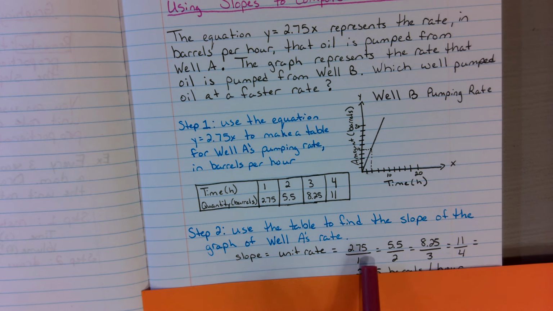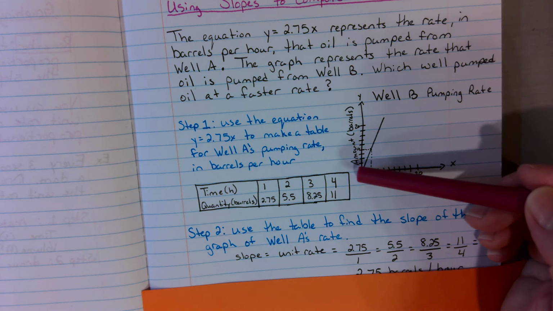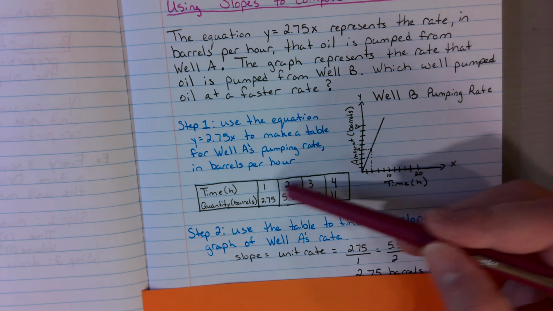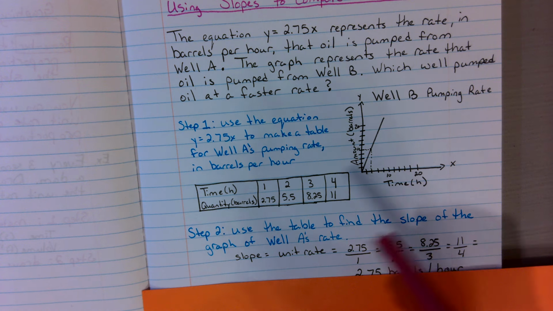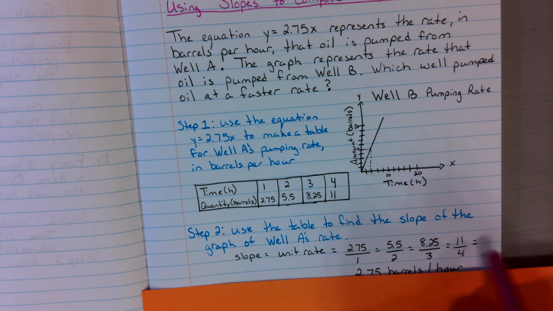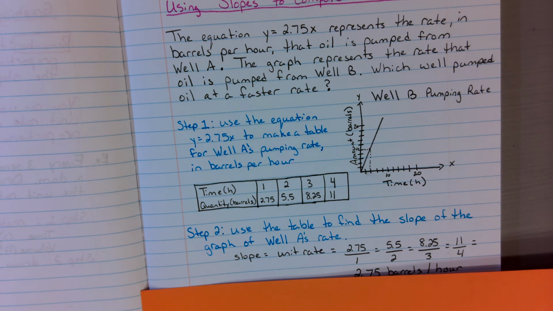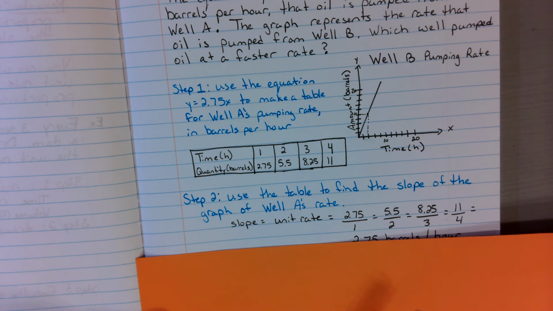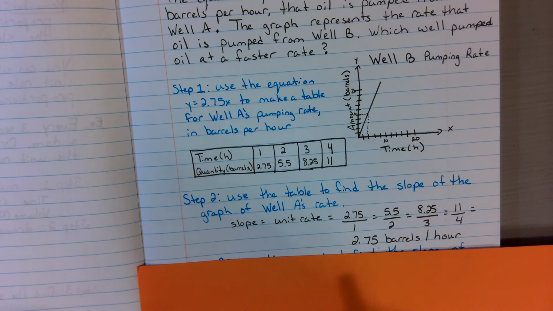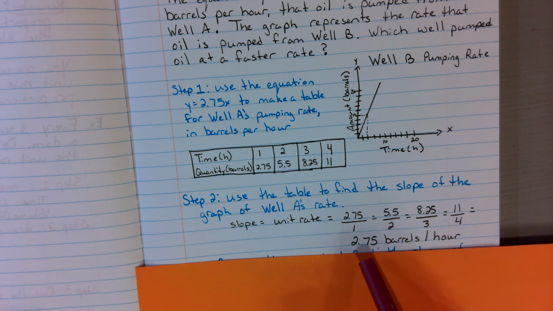Because we have a constant rate of change, when I simplify those, I will all end up with the same thing. So my slope is 2.75, and my unit rate is 2.75 barrels per hour.